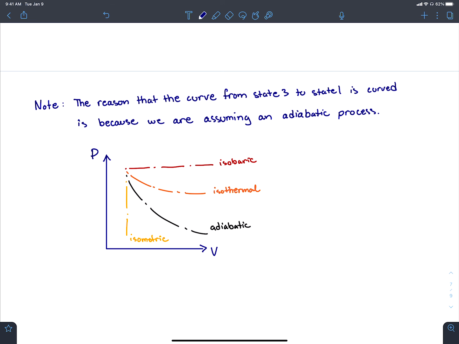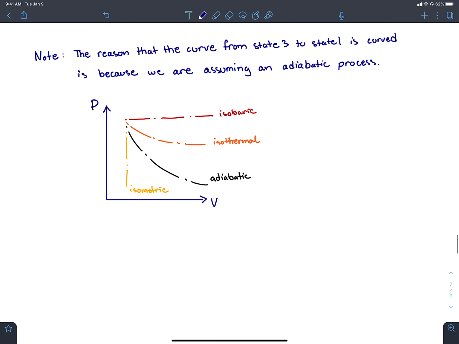That's a good question. Is it always concave up? I guess it's with respect to what you're looking at. An adiabatic process will always have a curve. Whether it's concave, yeah, it's always concave up, I believe, for a PV diagram. Other diagrams that you'll learn about in the remainder of the semester, the different processes will have different profiles, but for this case, that's correct.